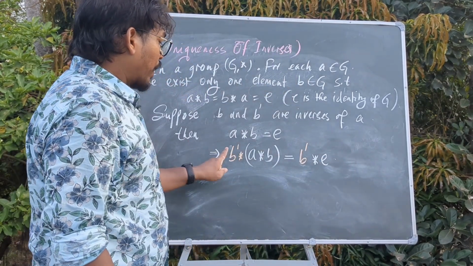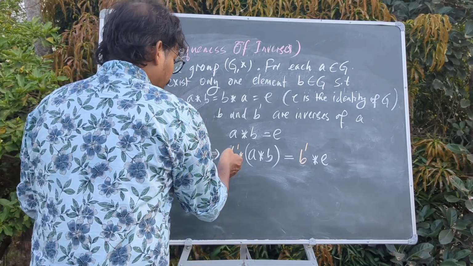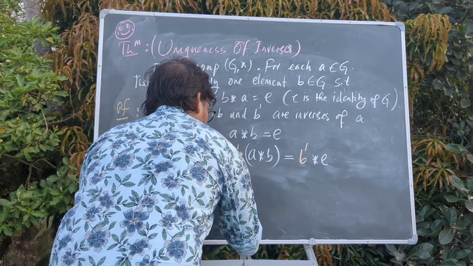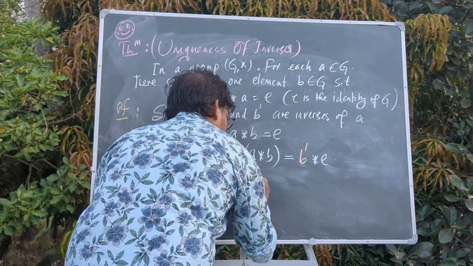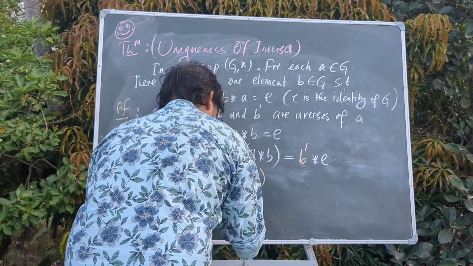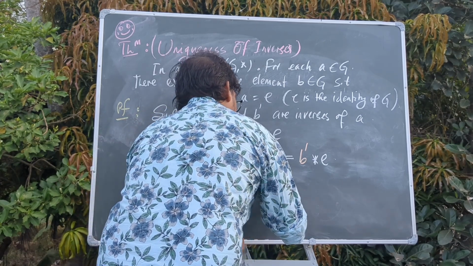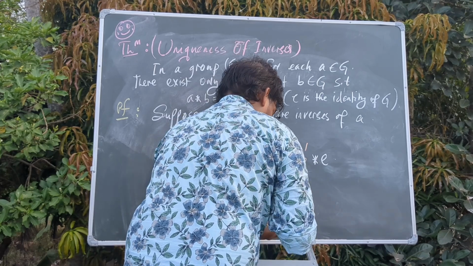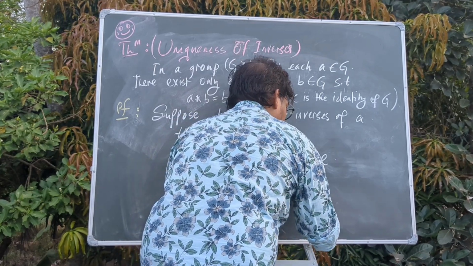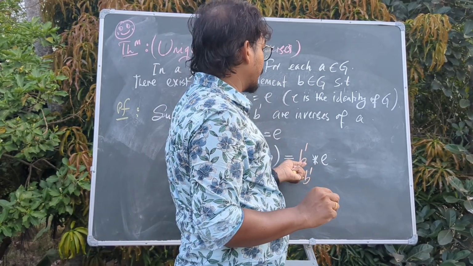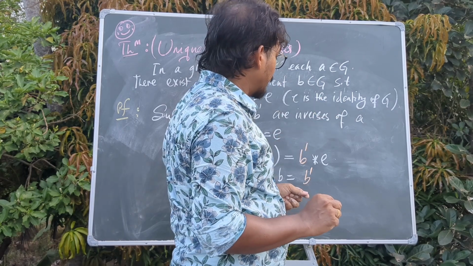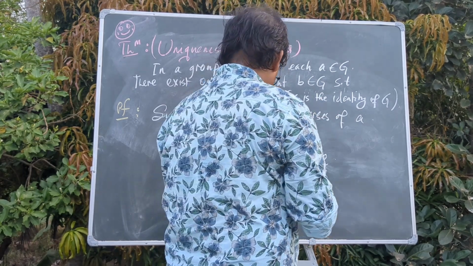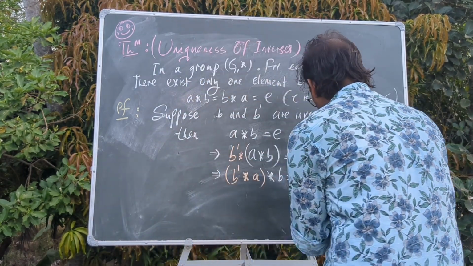and by associativity I can write this one as B dash star A star B, and this is B dash, because E is the identity and B dash is one element of the group G, and we have used associativity here.